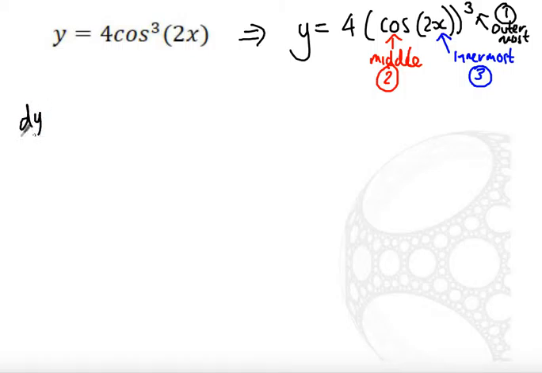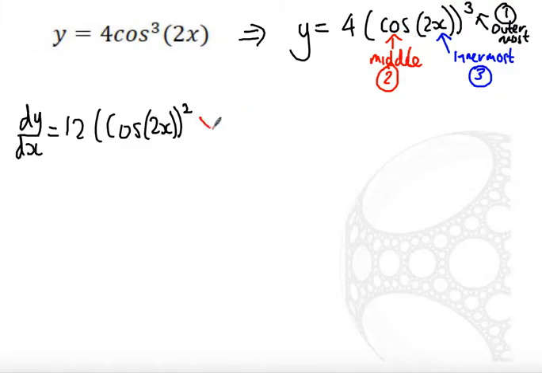So dy by dx, differentiating the outermost function, 3 times 4 is 12. I'm going to leave the inside function, or functions, completely untouched. Drop that power by 1, I get squared. Now I'm going to multiply by the derivative of the inside function, so by the derivative of cos 2x.